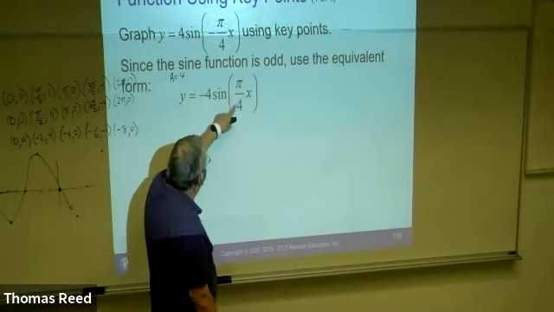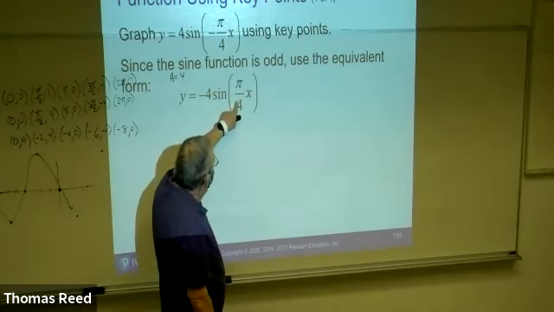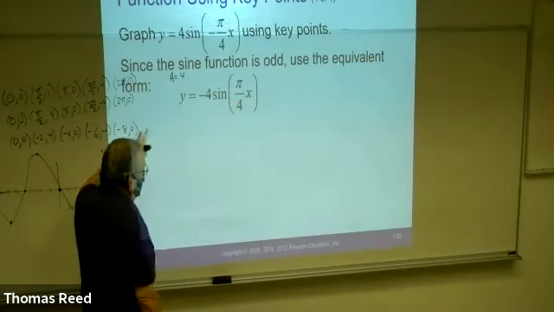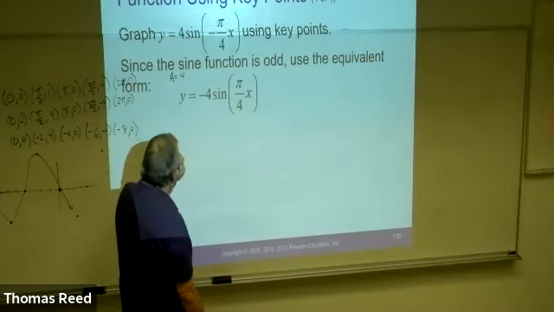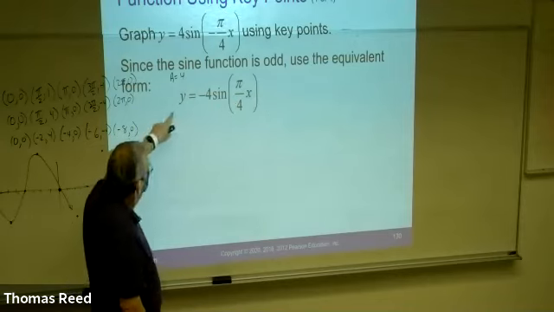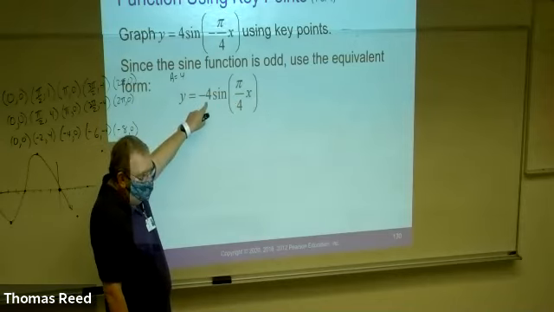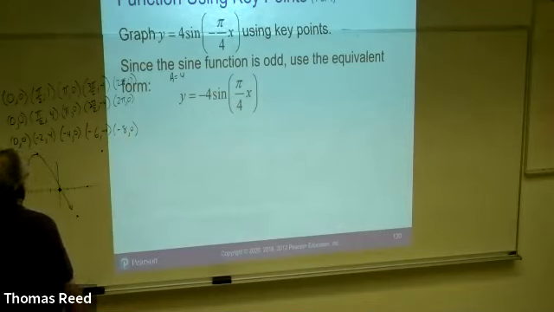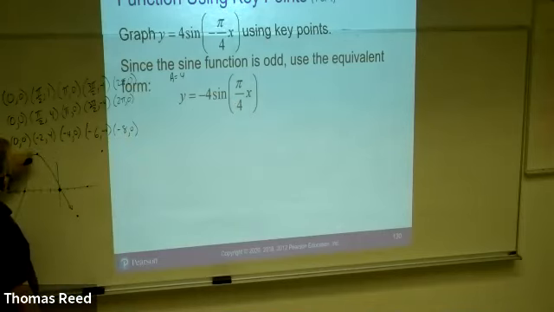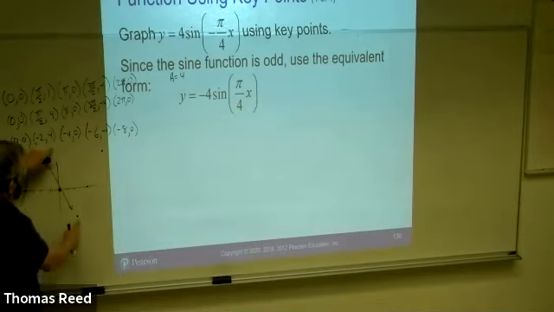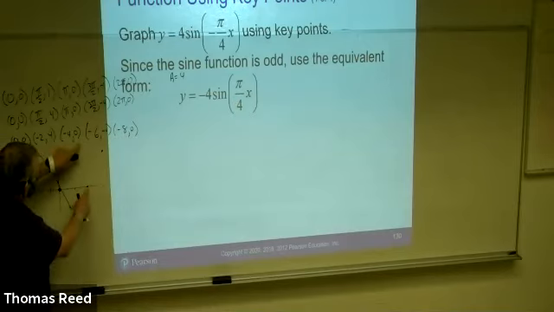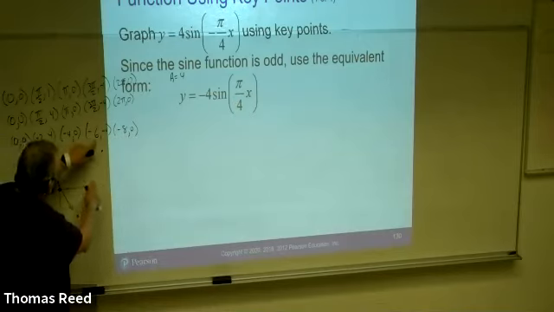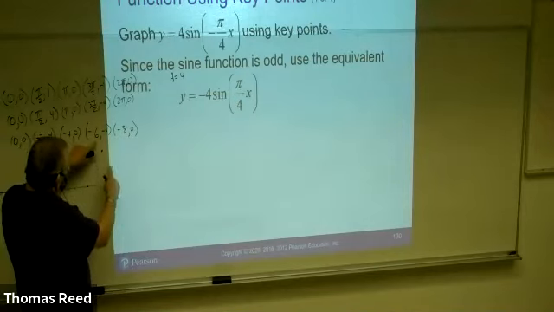So now we're going to be multiplying these x values by a +4/pi, and we're going to multiply the y values by a -4. And so that would give us 0, 0, 2, -4, 4, 0, 6, 4, and 8, 0.